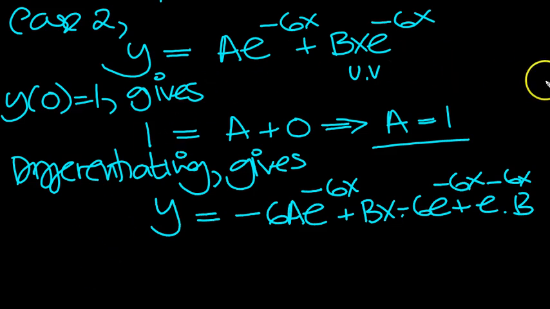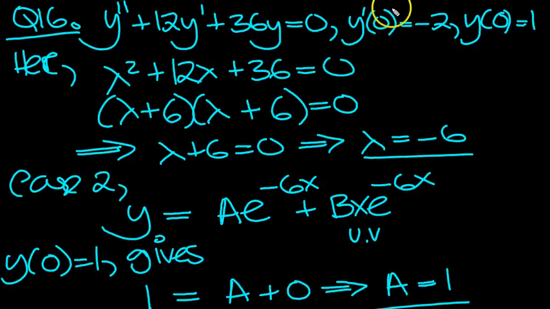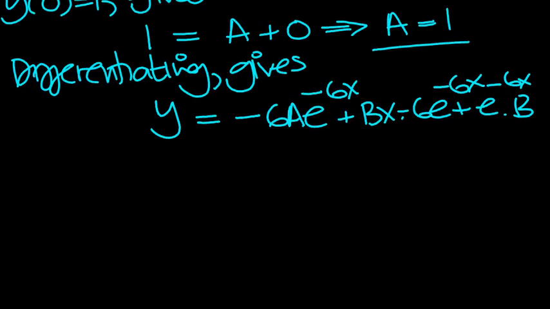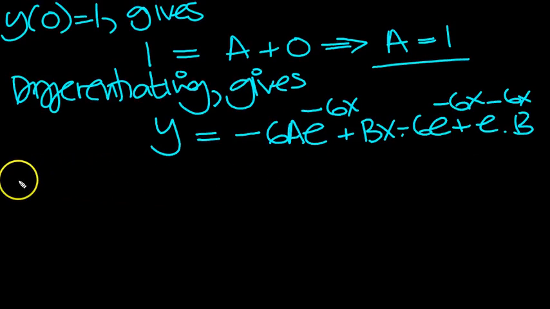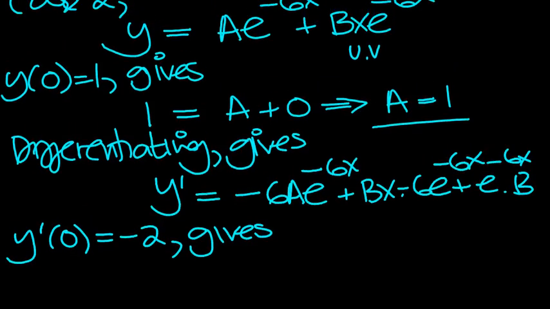So we've got the other initial condition now, which we'll go back and have a look at. Y dash 0 equals minus 2. What does that give then? Right, so this was y dashed here, wasn't it? Because we differentiated, so I needed to put a dash there.